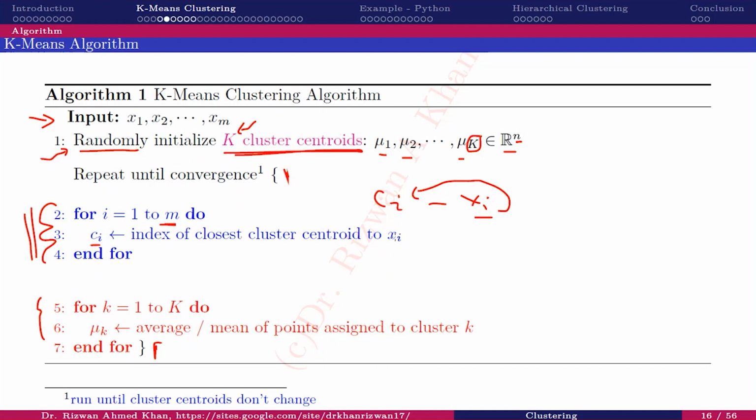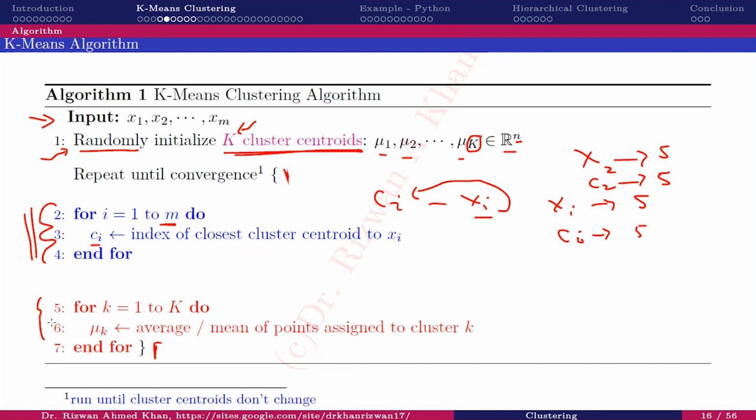If xi is assigned to cluster number 5, then this ci would be 5. In concrete terms, if data point x2 is assigned to cluster 5, then this c2 would be 5. This is what the cluster assignment step is, right? And this is based on nearness or distance. I have explained this earlier, and I will explain it again.